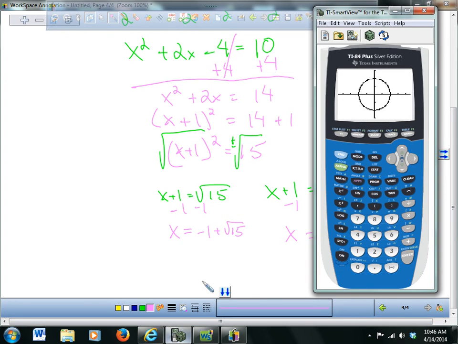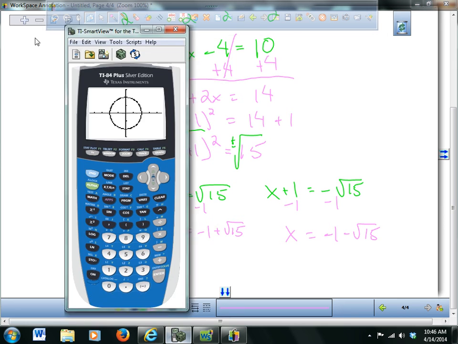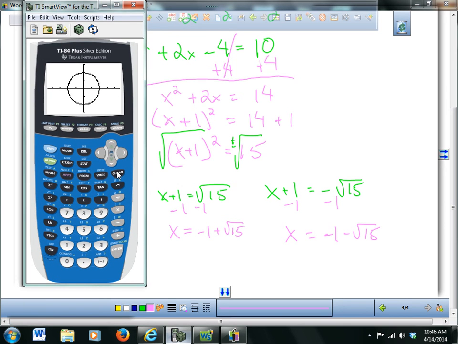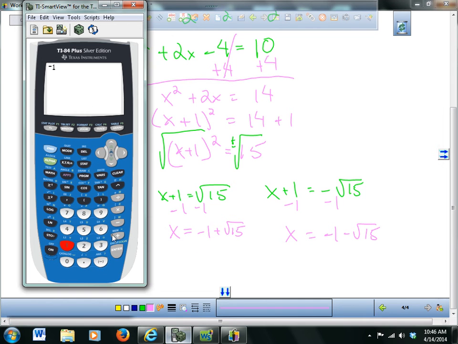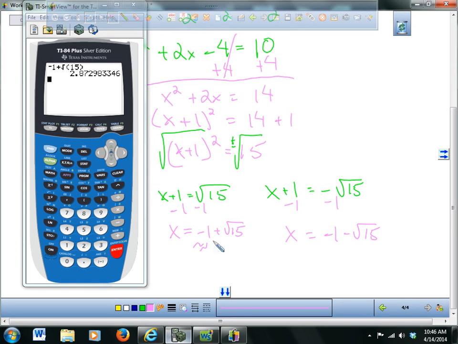So you would take your calculator. Ooh, look at that. Isn't that cool? Okay? You'd hit negative 1 plus the square root of 15, which gives you about 2.9.